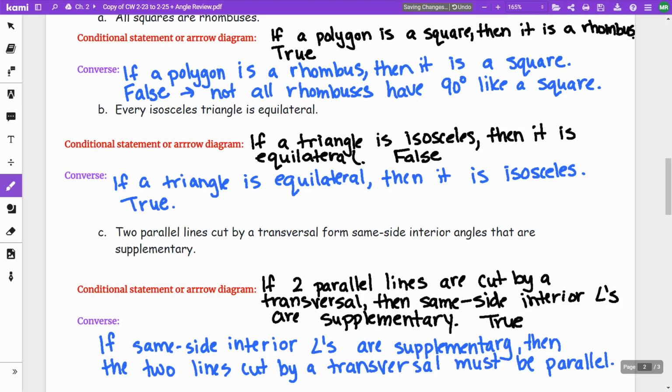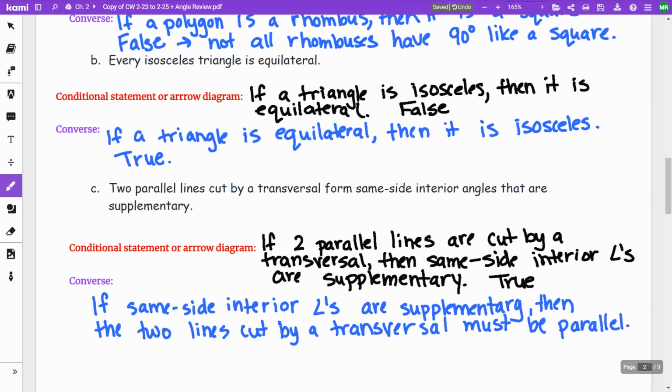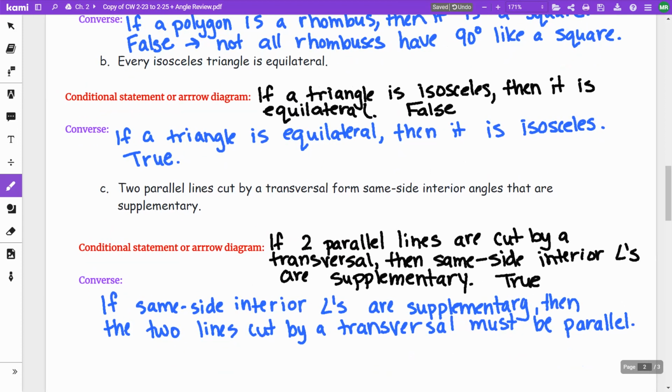Now, this one we haven't proven to be true or false yet, so you can take your best guess as to what you think the verdict will be. The real answer to this is that this is going to be true. We're going to actually prove this in class next time.